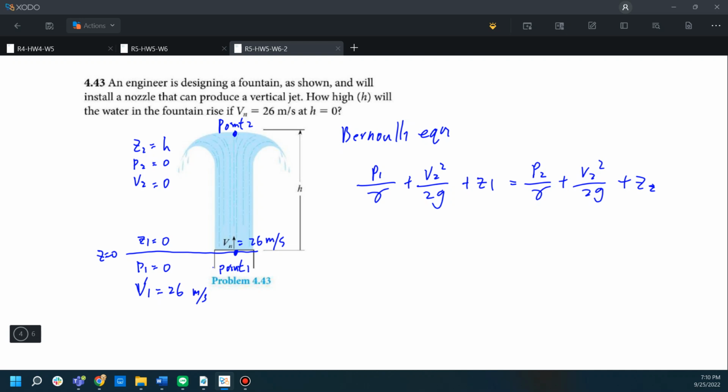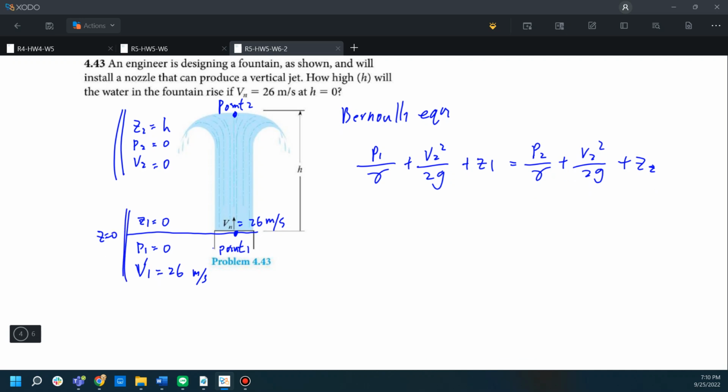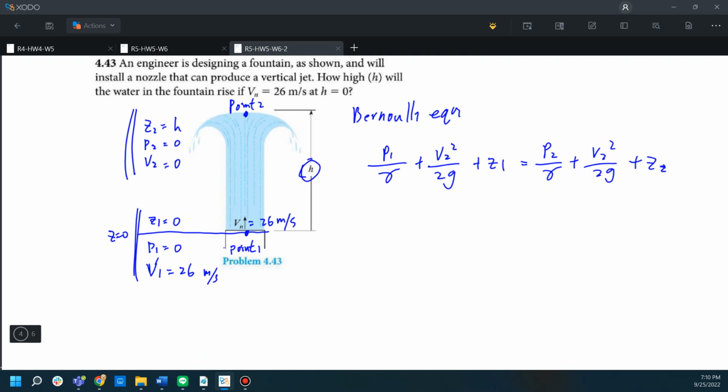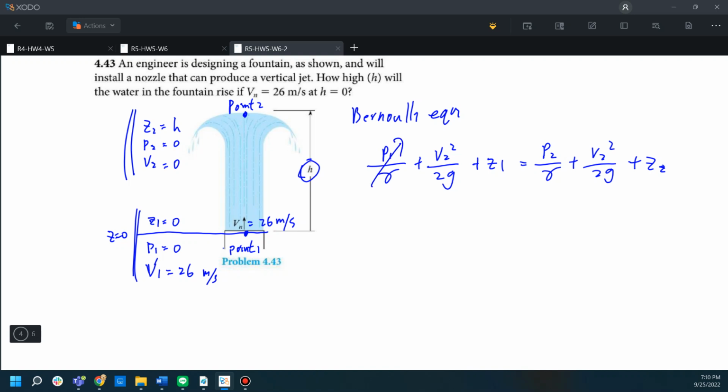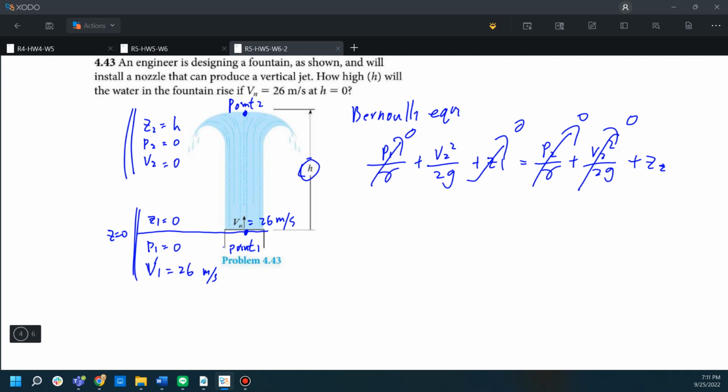So we can use the information that we show here to simplify the Bernoulli equation and then solve for h, which is z2. So let's first cancel the pressure term, and z1 is 0, v2 is 0, these terms are all 0. This is v1.